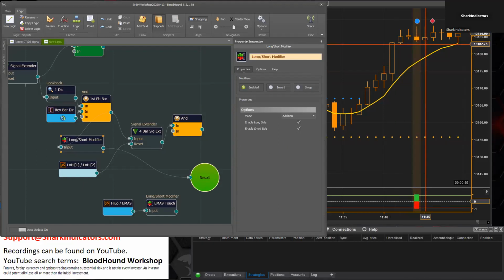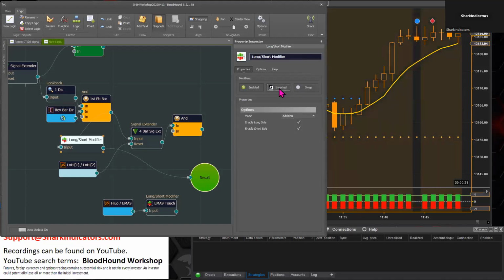All right, so I actually get an output here. But then I'm going to invert everything, right? So when I invert it, you can see on the very first pullback bar, now there is no output, but afterwards I get an output.